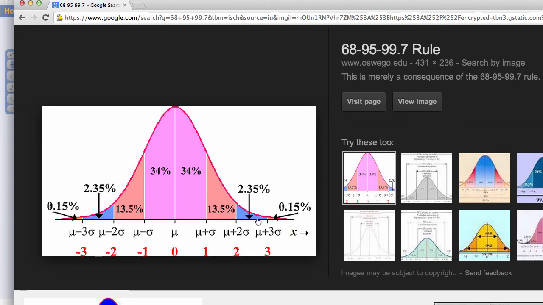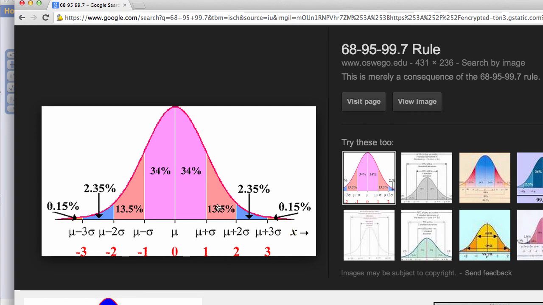It's important to be able to label all these areas. This graph is more broken down than we generally see with the 68, 95, 99.7 rule. Be able to draw this out. It also has the standard normal below it, which is excellent to paste in below your graph. Anytime you're doing a problem on a test, you should be able to draw this out and relate your answers to the standard normal labeled below or your general answer labeled on top of that.